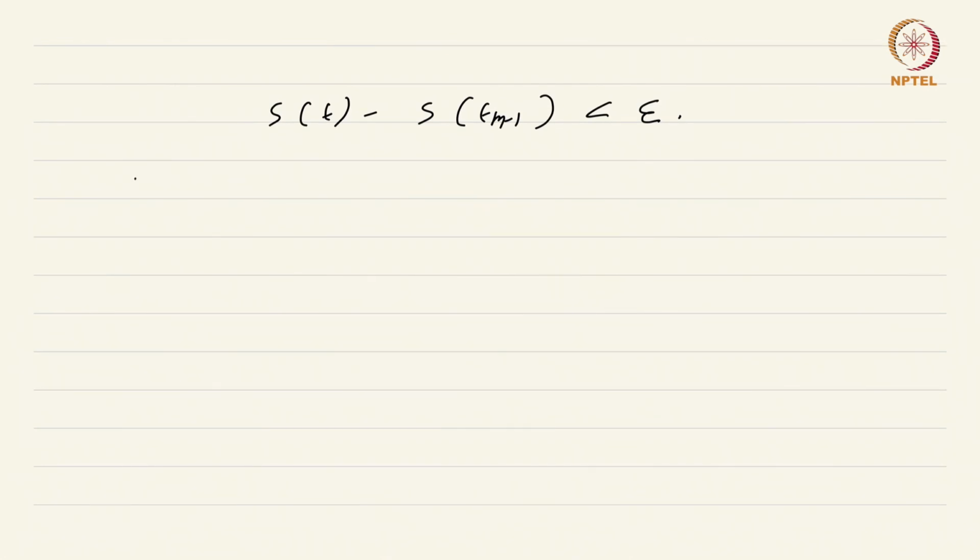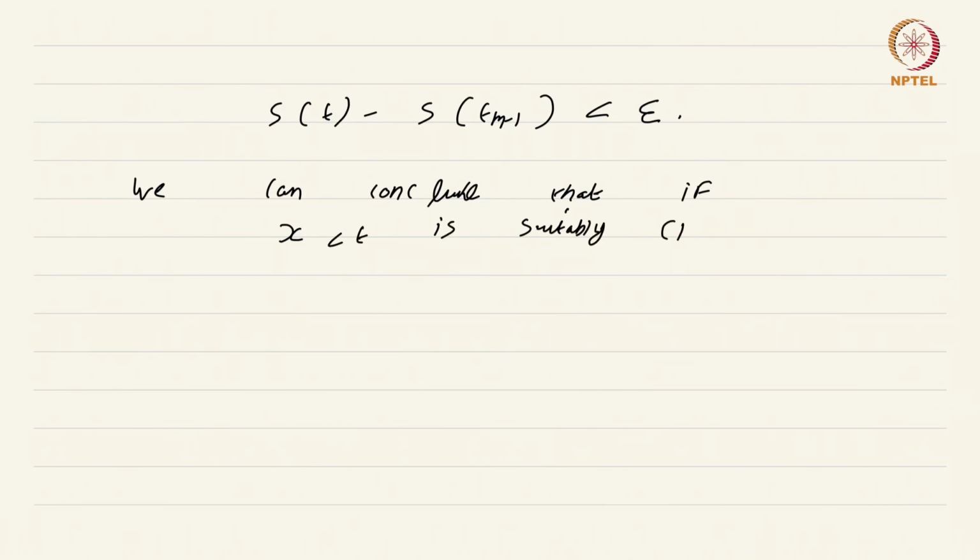So we can conclude that if x less than t is suitably close, then s of t minus s of x is less than epsilon.